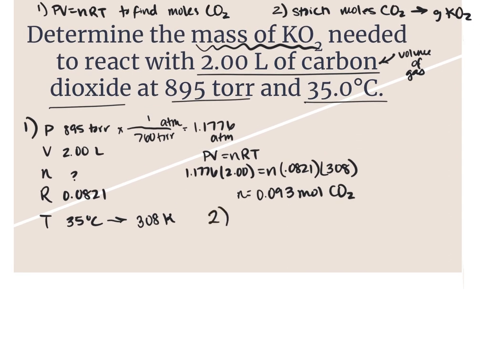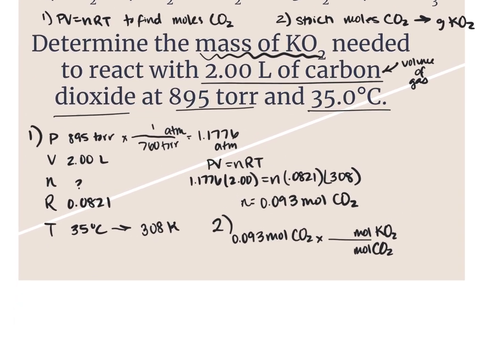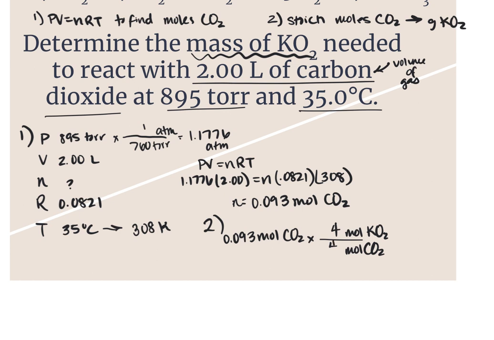So by doing this step first, I'm able to find the moles of CO2. Now I can do the stoichiometry, where I'm going from 0.093 moles of CO2. I want to use the mole ratio to go from moles of CO2 to moles of KO2. If I look at my balanced chemical equation up top, it's 4 and 4. Moles will cross out. And then I want to go into grams of KO2, so I have to add up how heavy 1 mole of KO2 is.